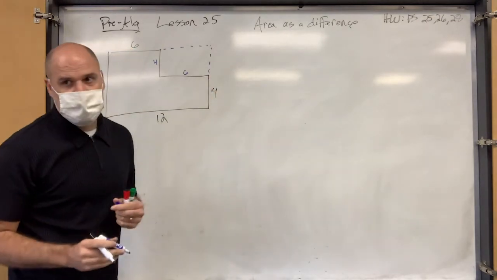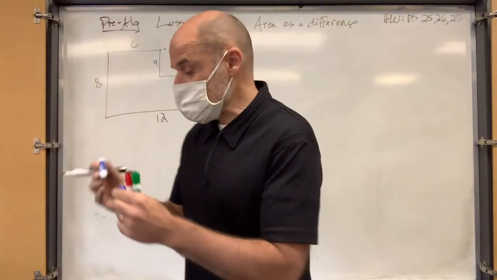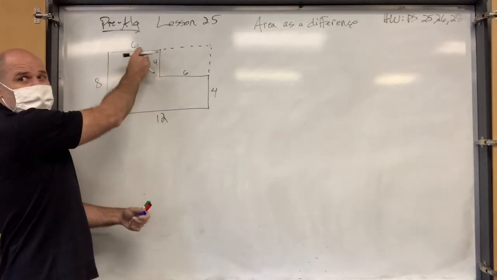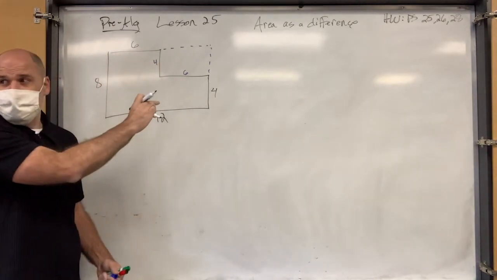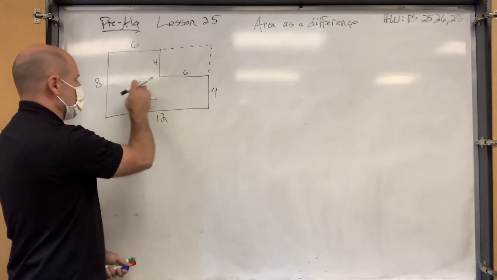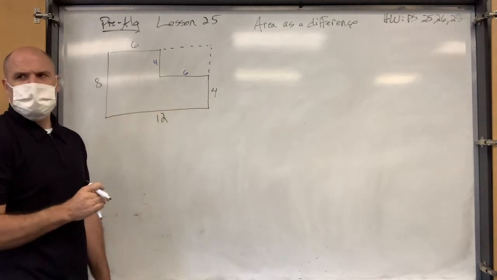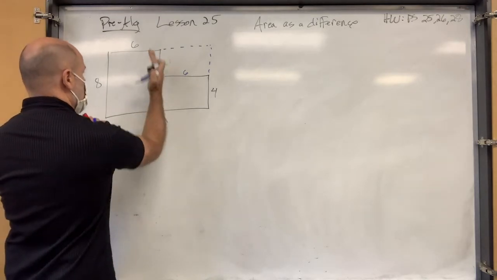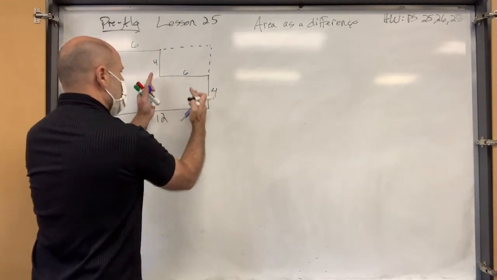You skipped right to the point of this lesson. You could find the area of this rectangle here and this rectangle, right? 48 plus 24 is 72. Or you could find the area of this rectangle, which is 48 plus 24, another 72.